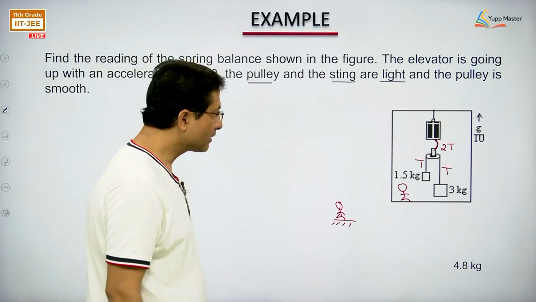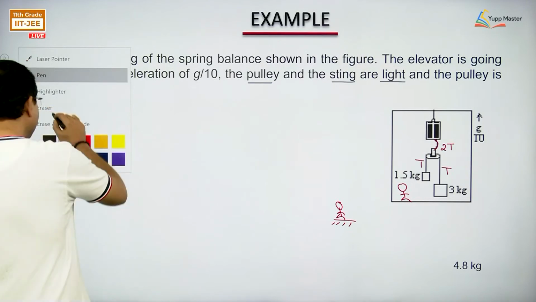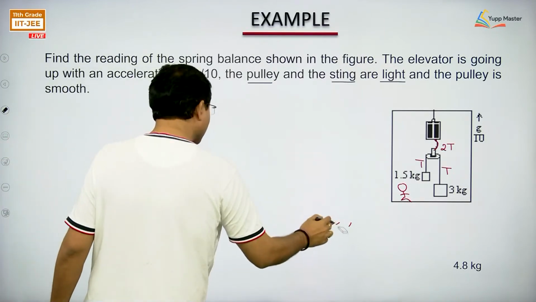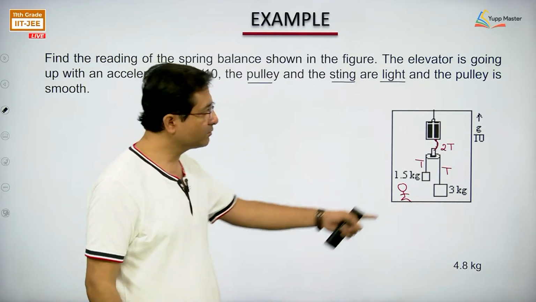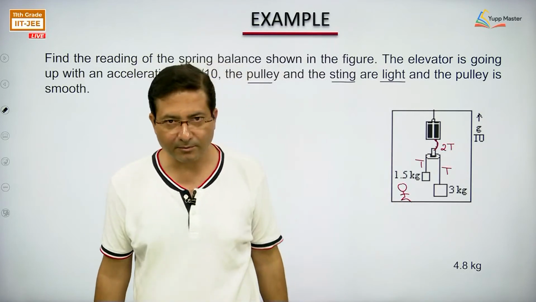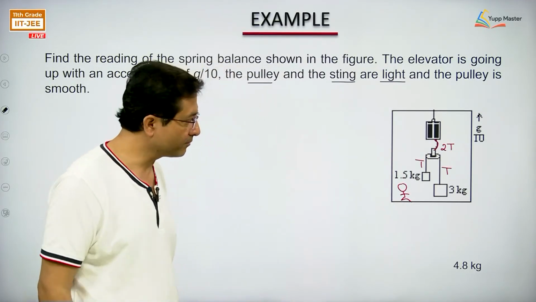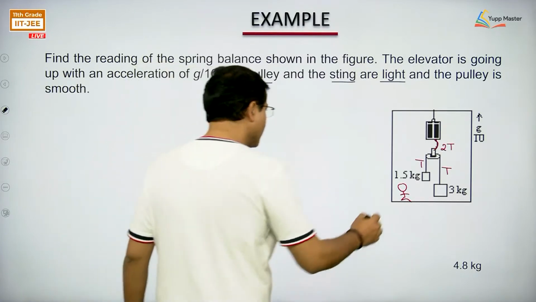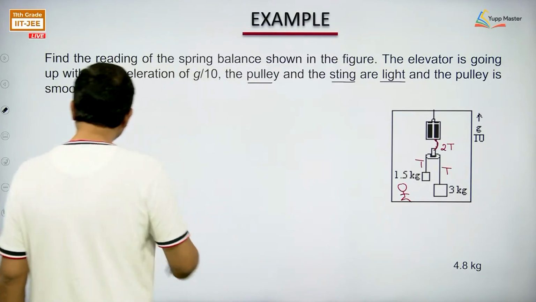As we have already discussed non-inertial frames, I solve this problem with respect to the person inside the lift. As the lift is accelerating up, this observer will accelerate up, so this observer will be a non-inertial frame. With respect to this observer, all the real forces will appear the same.